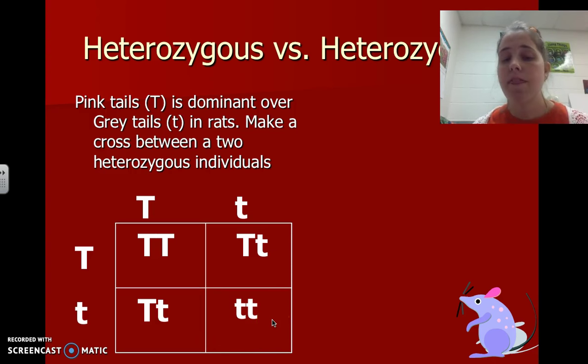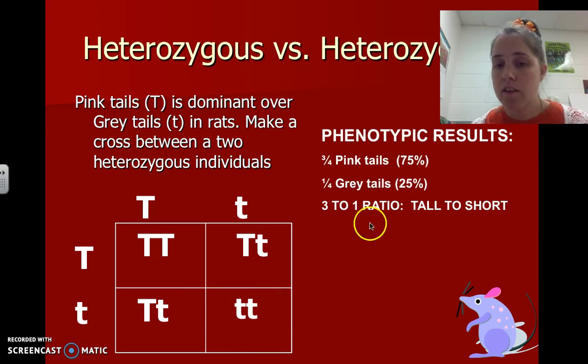If you're looking at the phenotype, that means 3 out of 4 individuals have pink tails, so 3 out of 4 is 75% of the individuals have pink tails, and only 1 out of 4, or 25%, have gray tails. Okay?